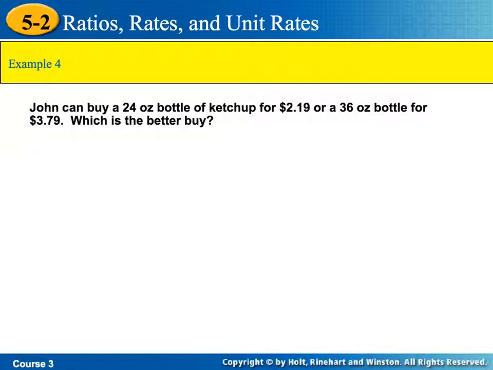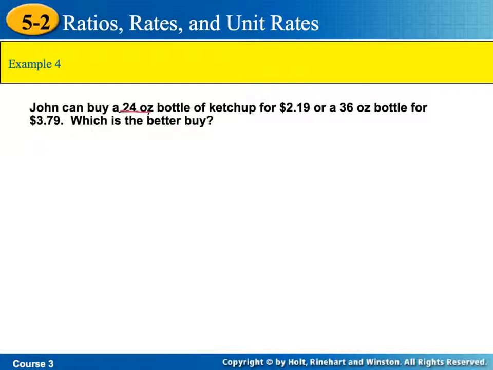Here we go. It says Johnny can buy a 24-ounce bottle of ketchup for $2.19 or a 36-ounce bottle for $3.79. Which is the better buy? Since we're not talking about bottles, because that already gives me a unit rate, I want to talk about my ounces. My ounces differ here.